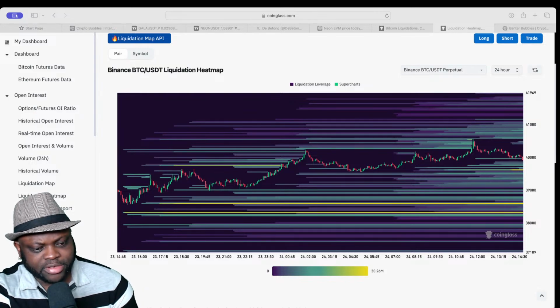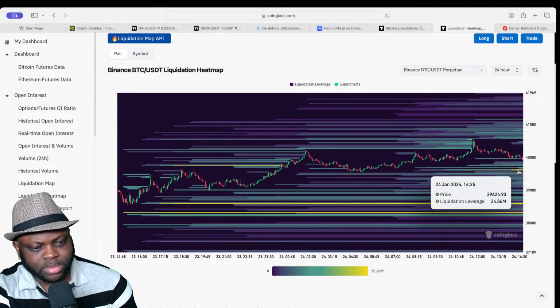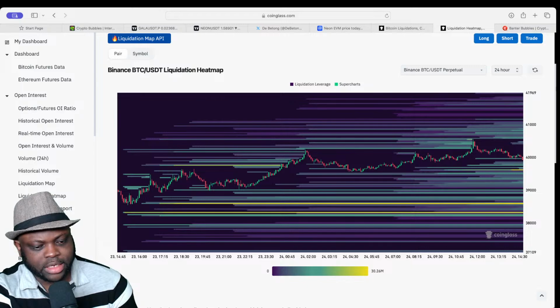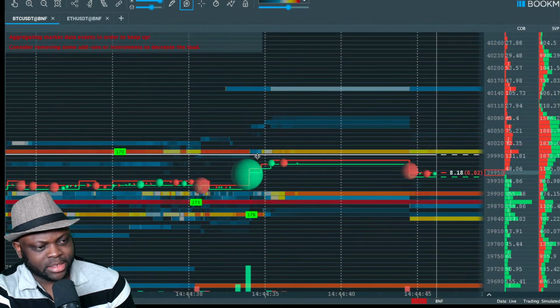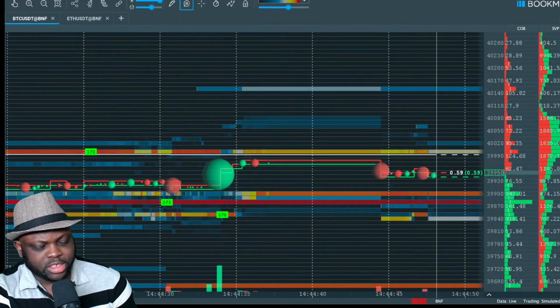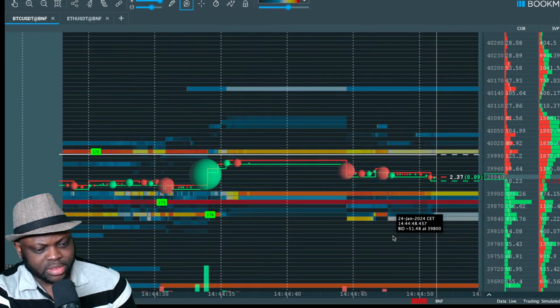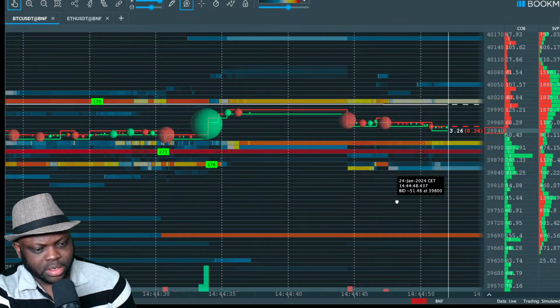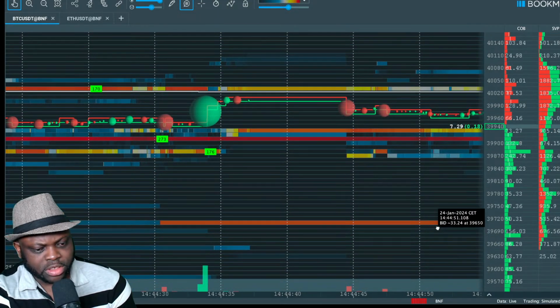What was the area? The area is around $39,624. Let's see on the book map if we can see the same price, 39,670.